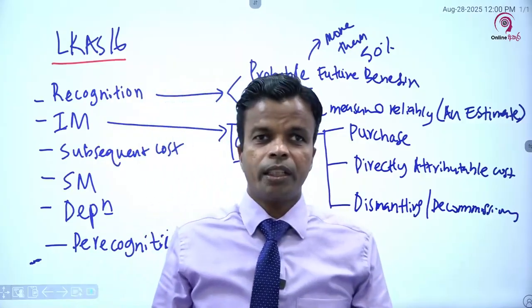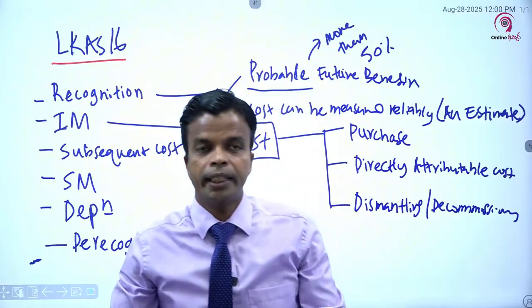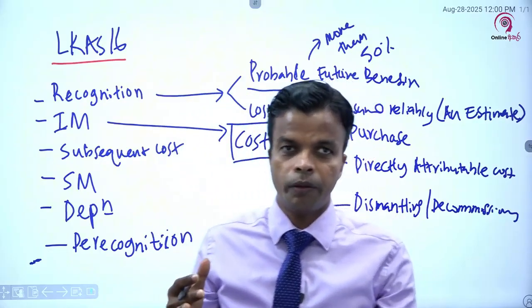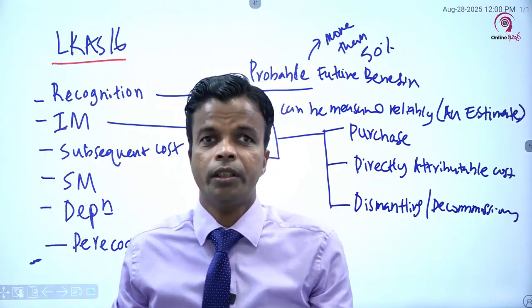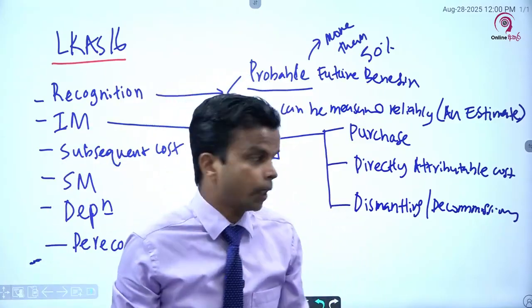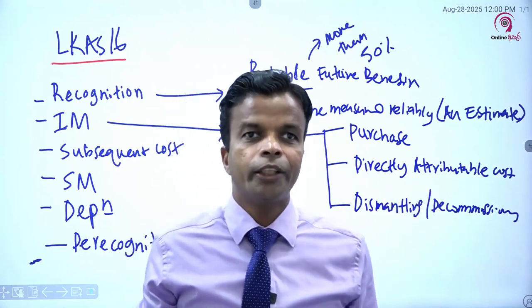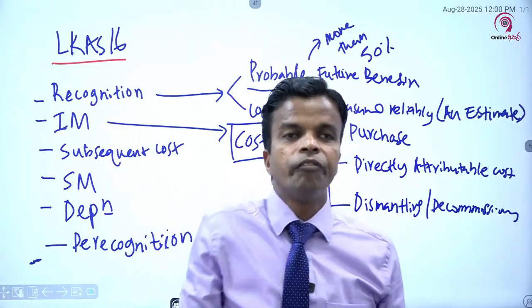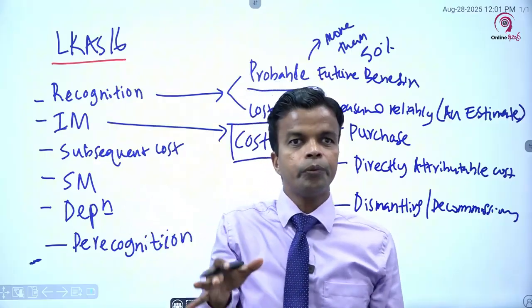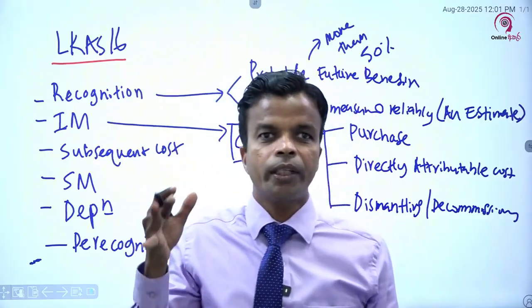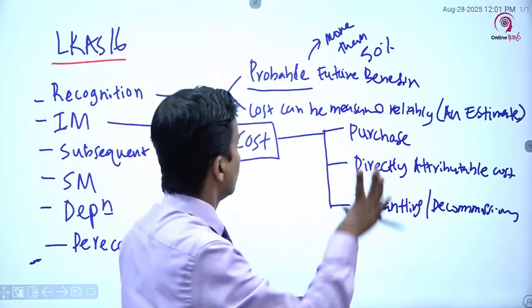Purchase costs, that is very clear. The amount you should pay to your supplier and any other suppliers who have provided you certain services to bring that asset to your location. So those are purchase related cost. Directly attributable cost means any other cost that you have incurred which will help you to bring that asset to its intended use, that can be taken as part of the cost.